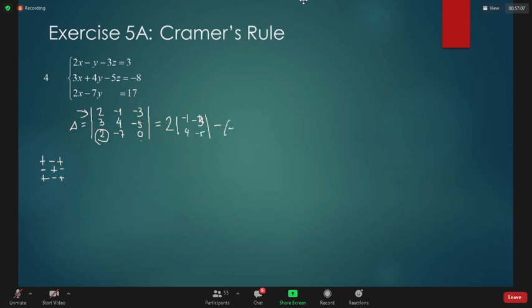Then minus negative 7, because it's in the minus position, and its minor is 2, 3, minus 3, minus 5, and then I have plus 0 times something, I don't care what, because it's 0.